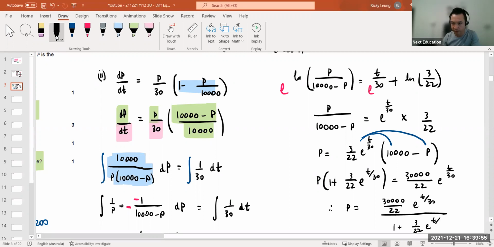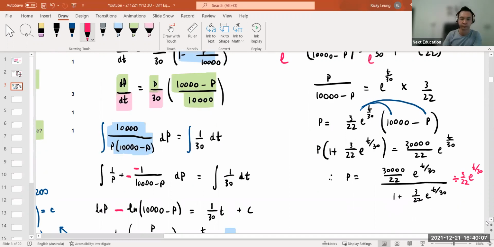E to the T on 30. So what I did before at this step was divide everything by 3 on 22. That's A, and E to the KT. Actually, that's N, K, T, right? Yeah, NKT. So then you get P equals. Now, if you divide by 3 on 22, that becomes 10,000. Yep, 10,000.